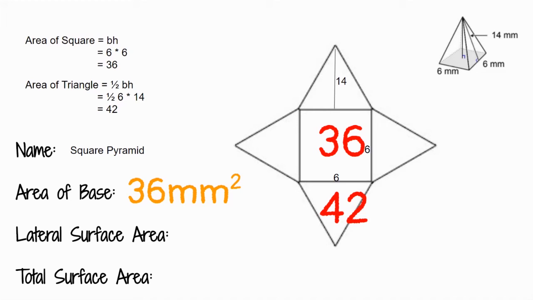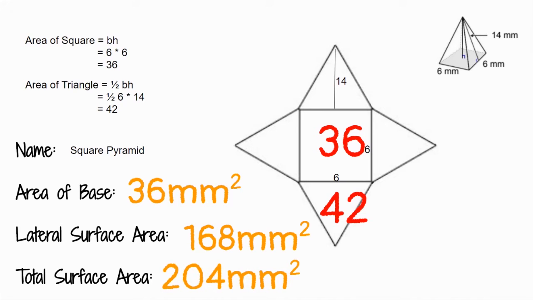If I wanted to find the lateral surface area, it would just be the area of 1, 2, 3, 4 triangles that all happen to have an area of 42. So that's 168 millimeters squared. The total surface area would be all those triangles plus the square, so 168 plus 36, and that's 204 millimeters squared.